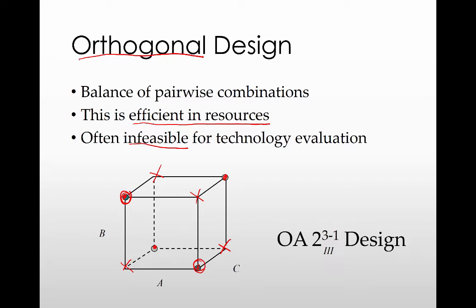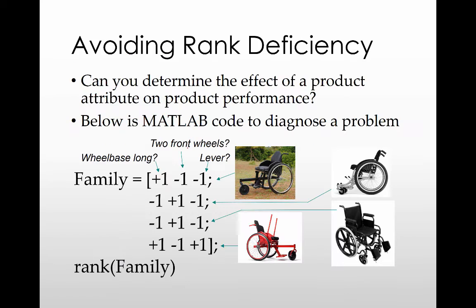In technology evaluation, if, for example, you have a solar lantern, I don't have control necessarily over the size of the battery. That was a decision made by the manufacturer. So the factor levels are not under my control, and we can try to strive for an orthogonal design, but we may not reach it exactly. So we think about both those things that we strive for, like orthogonality, and the things we want to avoid, such as rank deficiency.